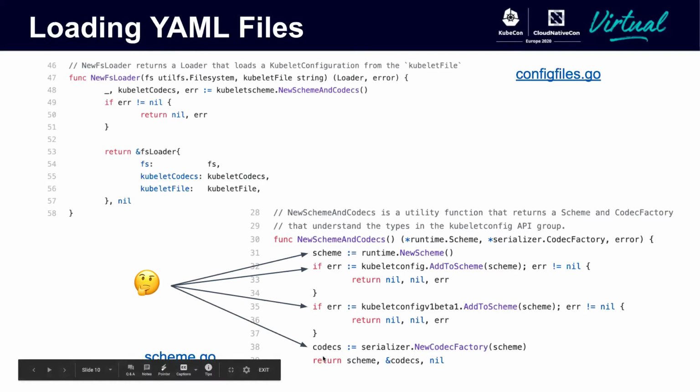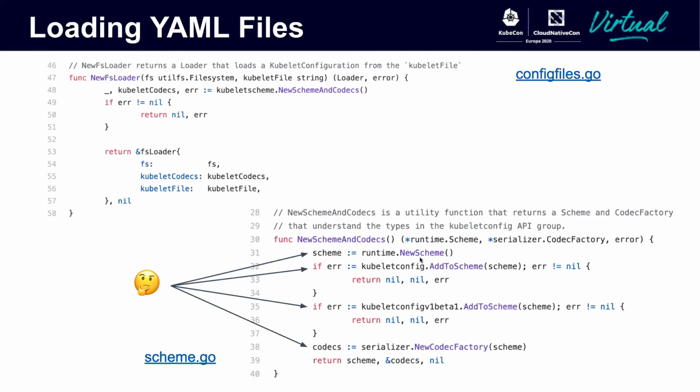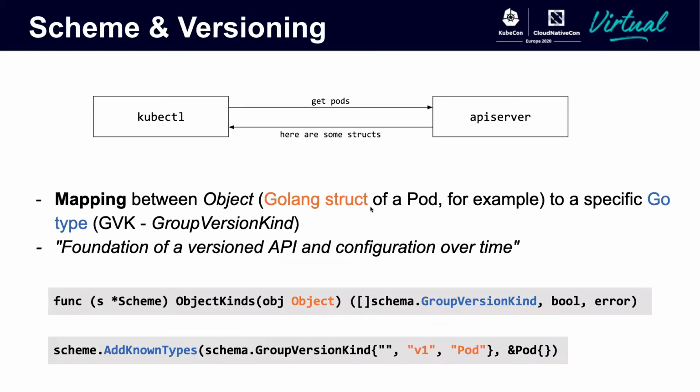So obviously the questions were: what's a scheme, and what's added? Digging into these questions really led me down the API machinery rabbit hole. I won't go into too much detail here. I'll just try to give you the overview. But these are core Kubernetes concepts. It's really good to know about them, especially when you want to start out. So let's start with the scheme, right?